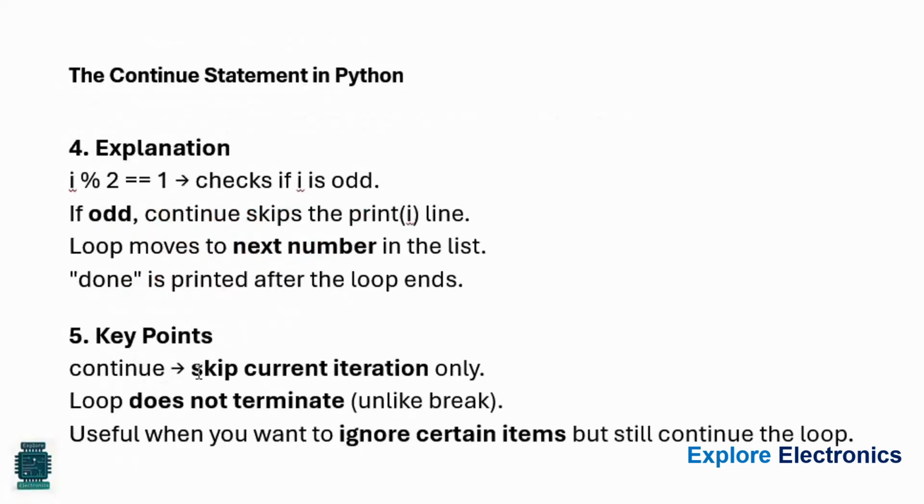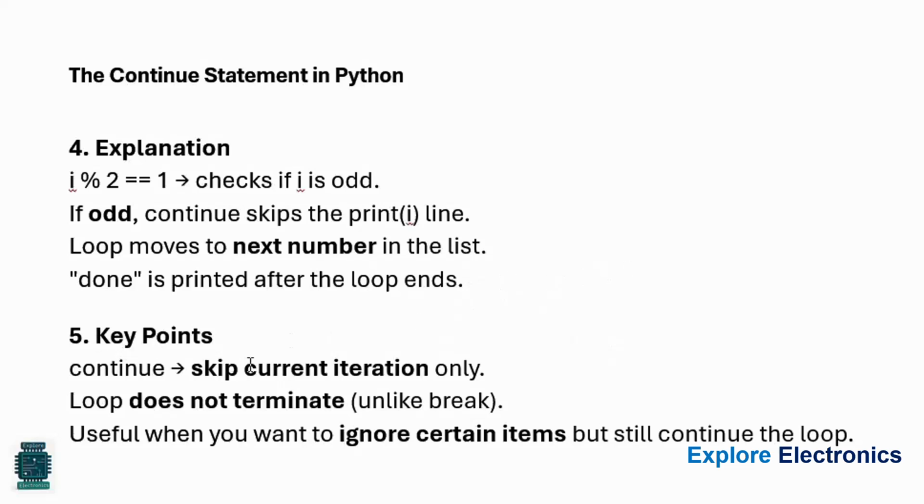Here continue means it will skip the current iteration only. It will skip only the current iteration when the given condition becomes true and continue with the rest of the iterations. Got it? It won't skip the whole loop, as break will skip all the iterations when the given condition is true.